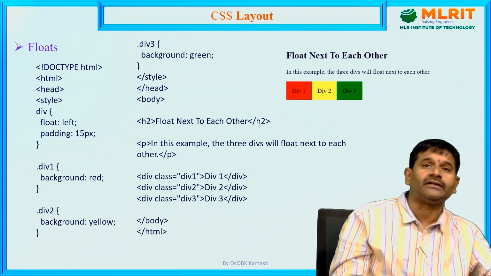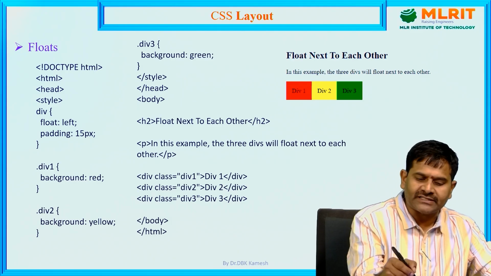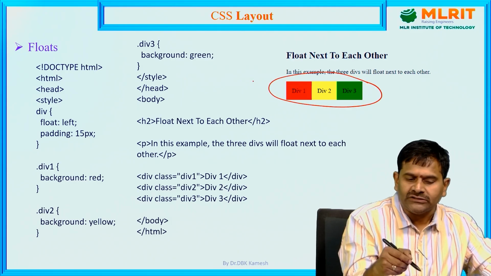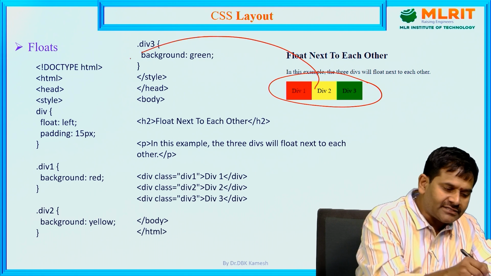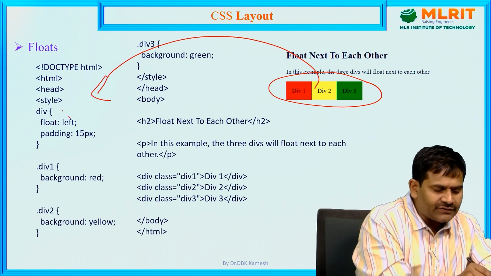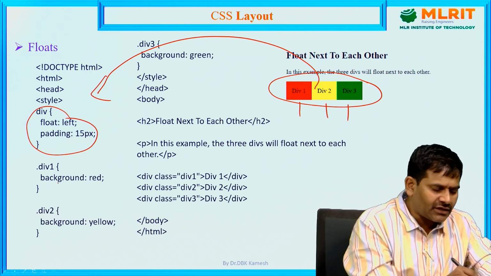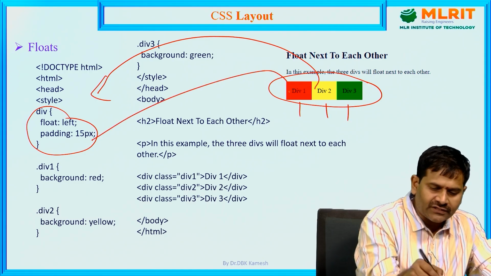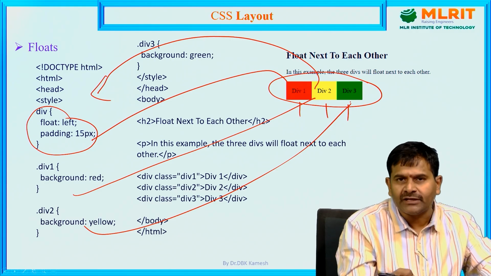Next, the third one: a float example. How can we define this? We will write the example with three divisions: first one, second one, third one. We already discussed divisions in the last class.